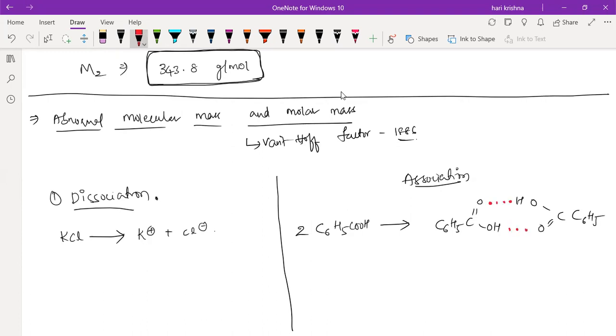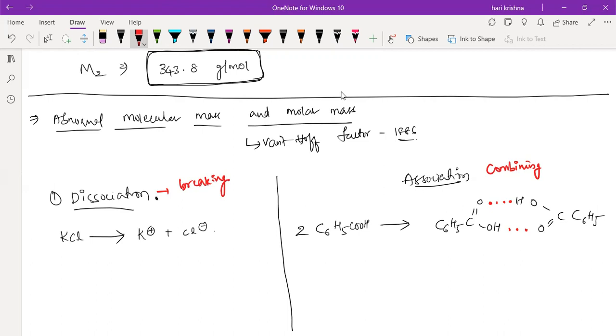So this is the association, associating of the molecules. Associating means combining. So due to these factors, there is a cause of abnormalities in the molecular masses. Is it clear?